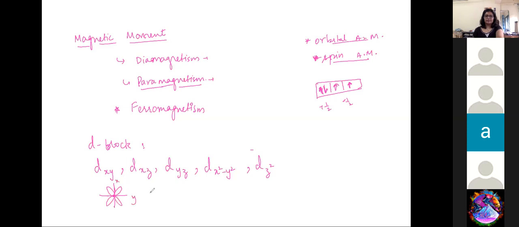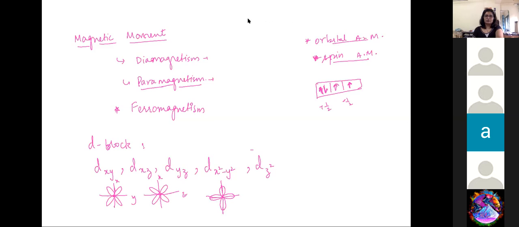Yeah, so again dxz is in the xz plane, and same with the yz. Now x square y square is basically aligned along the axis. So this is what it looks like.